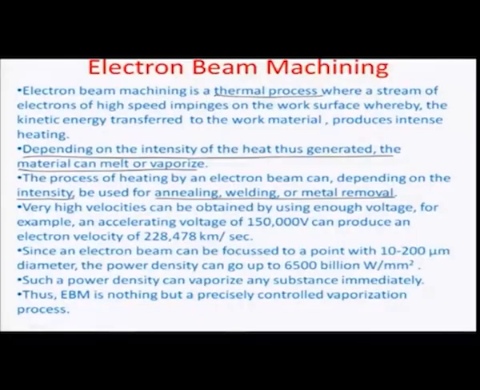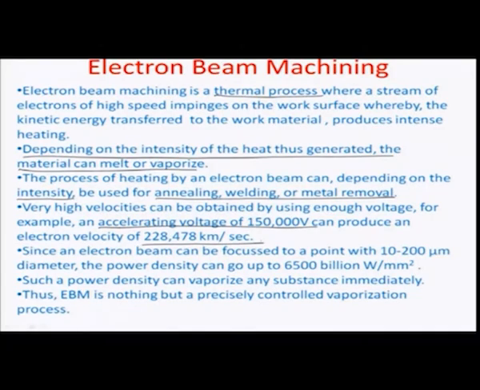So, if you look at facts and figures, if an accelerating voltage of about 150 kilovolts is applied, it can produce a fast electron as fast as about 228,478 kilometers per second, which is very fast.